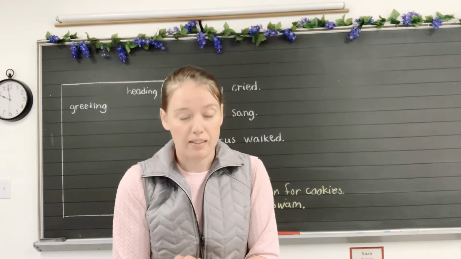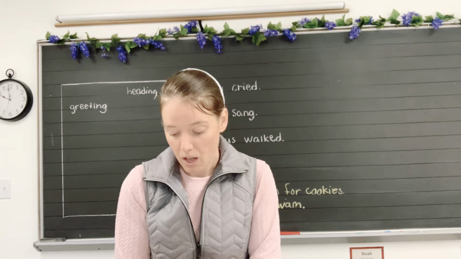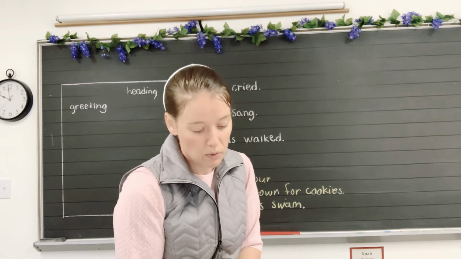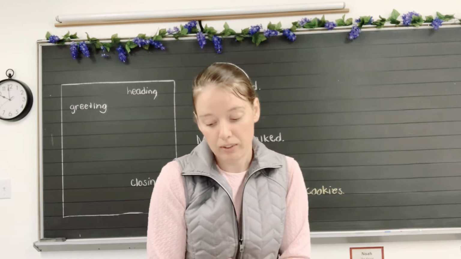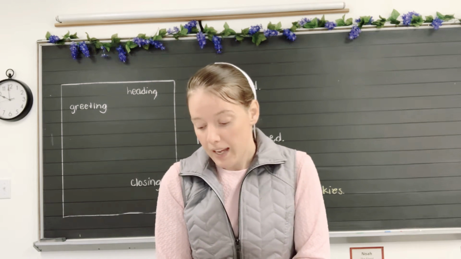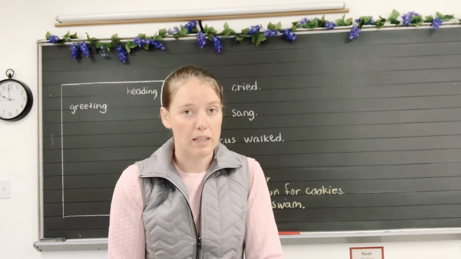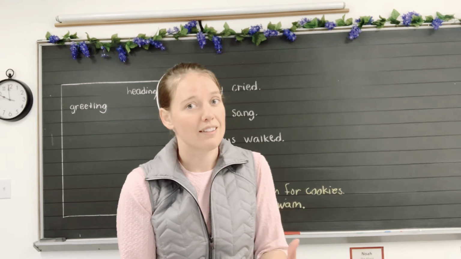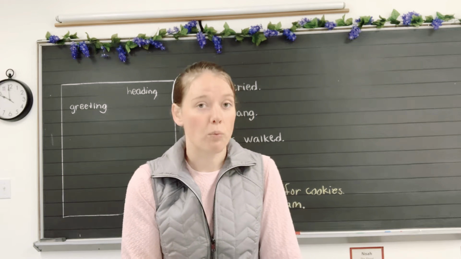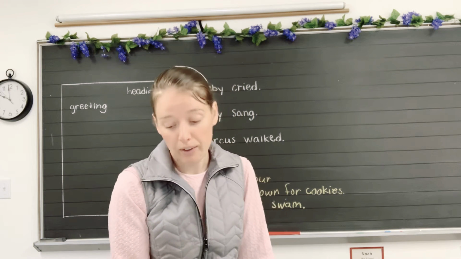Like for this sentence, Tommy climbed, we add describing words to make it sound more interesting. So we would say, my little brother Tommy climbed. So my, little, and brother are all three describing words, and they make the sentence sound more interesting. So then we also add where to make it sound even better.